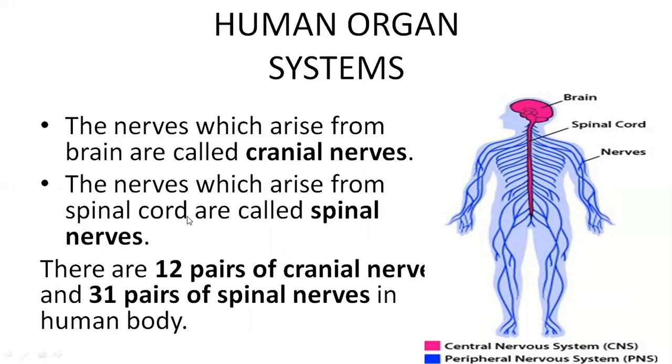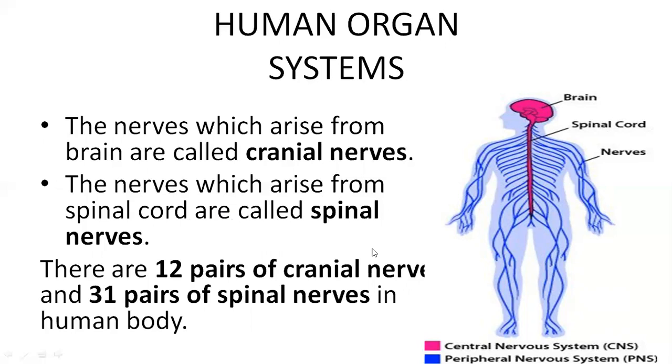The second category of nerves is spinal nerves. The nerves which arise from spinal cord are termed as spinal nerves. This one is spinal cord, and all the nerves arising from the spinal cord and spreading throughout the body are termed as spinal nerves.